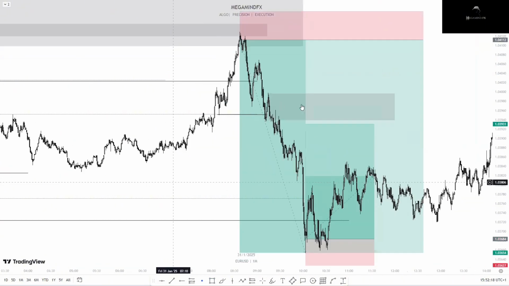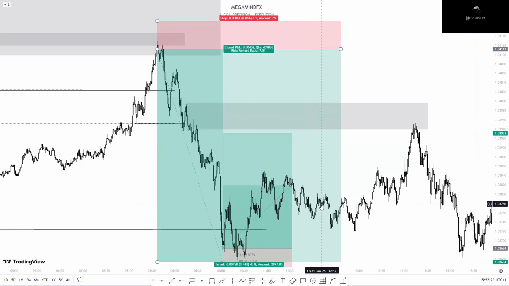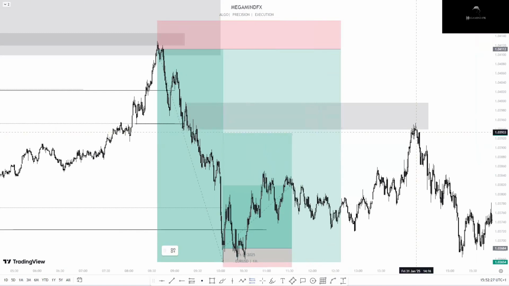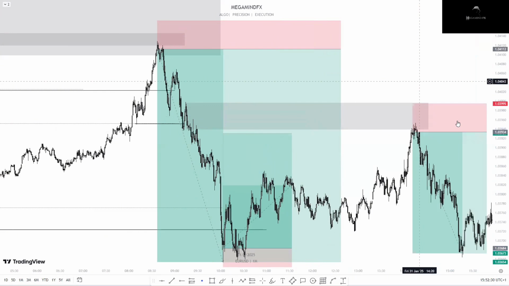You see that now? So you find your bearish candle close, you enter, stop loss above the highs, above these highs, and then you are good to go.